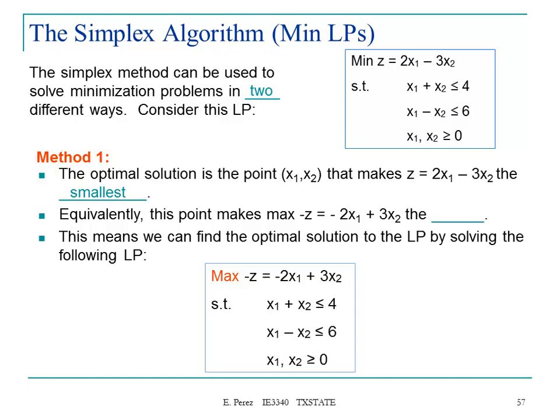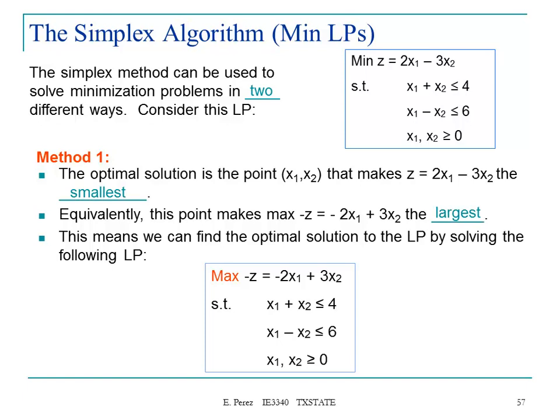Equivalently, this point makes the maximization of minus z the largest, if you multiply this function times minus 1. So we can find an optimal solution to the LP by solving the following LP.